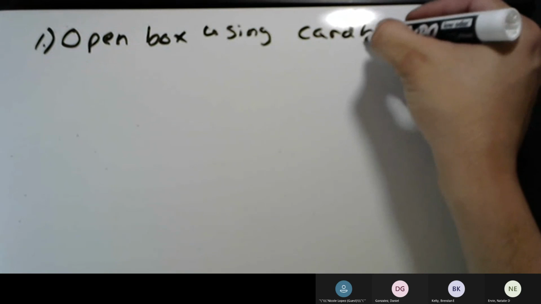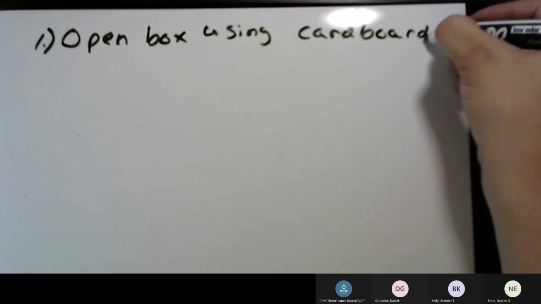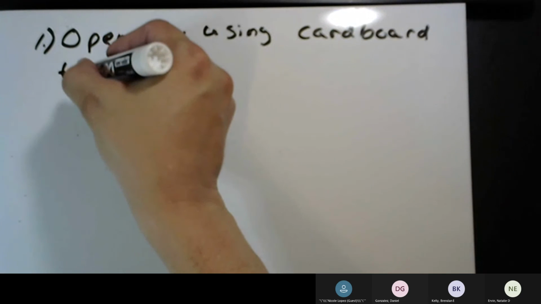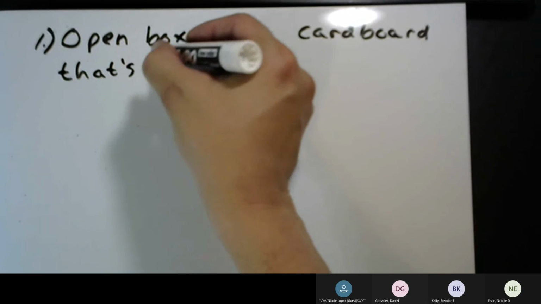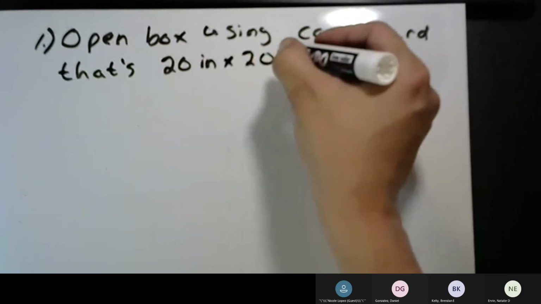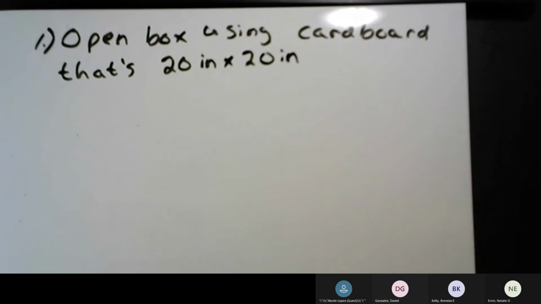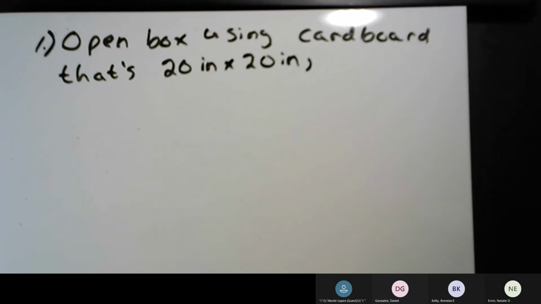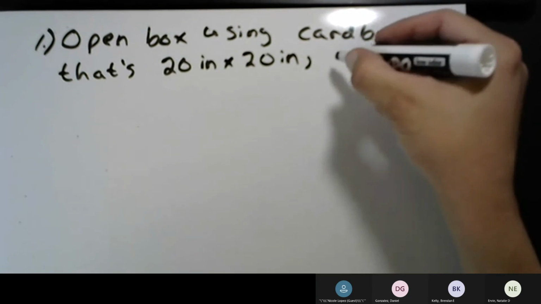Open box means we don't have a lid on it. So to make this box, I'll draw a picture of what this is going to look like.